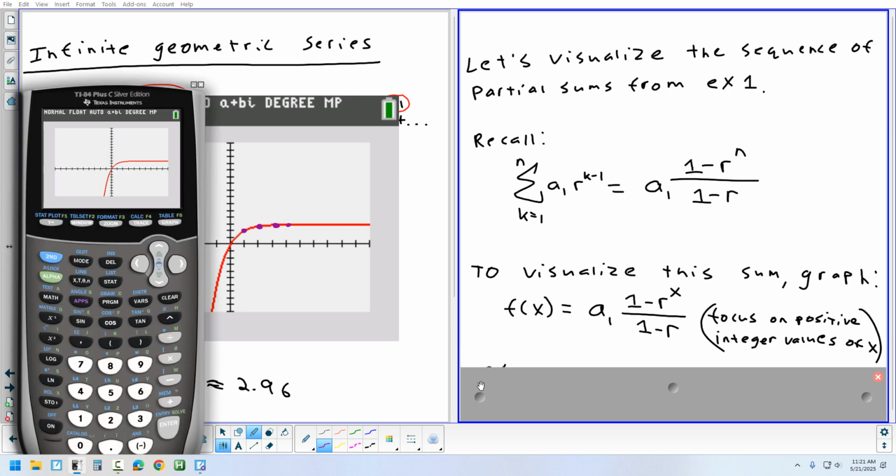If I put a line at y equals 3, and it looks like that red curve is getting closer to it, then 3 is the sum. And yeah, it looks like it actually touches it. It never does. But that red curve is just getting closer and closer.